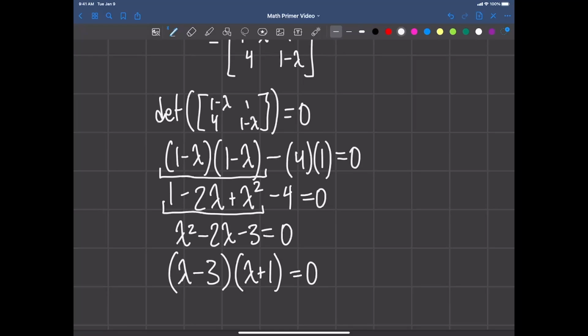And if you remember from algebra, how do we find what the eigenvalues are? We just figure out what the eigenvalue has to be for each factor to equal 0, so that when multiplying, it would equal 0. So the eigenvalues must be 3 and negative 1.